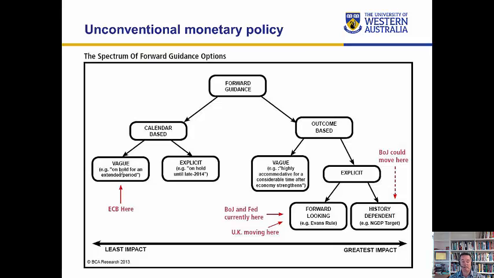The wording could be some extended period, it could be for 2 to 3 years, or roughly 2 to 3 years. But the whole idea of forward guidance is that you are trying to give businesses and consumers some sort of indication that interest rates will remain low for some extended period.